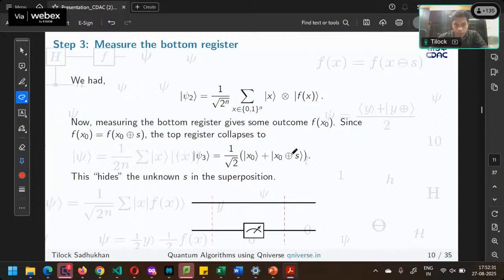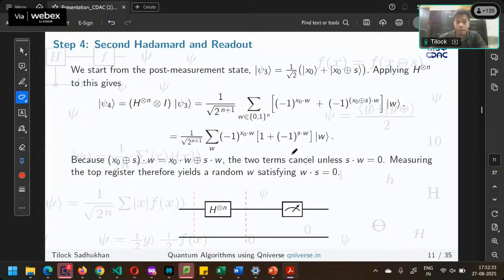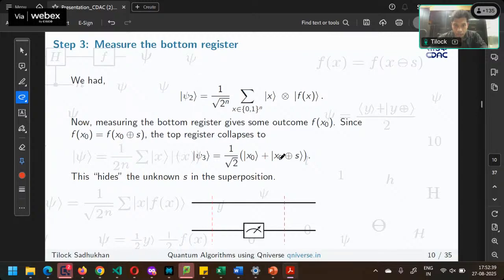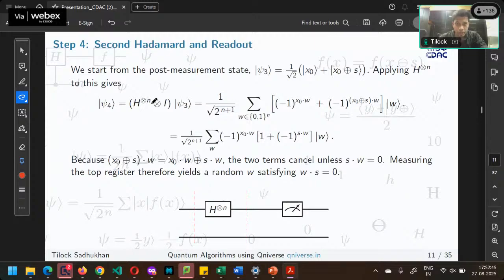Then we are again applying Hadamard gates on the first register. This psi 3 is what we are starting off with here. Then we apply the Hadamard set of gates on the first register.